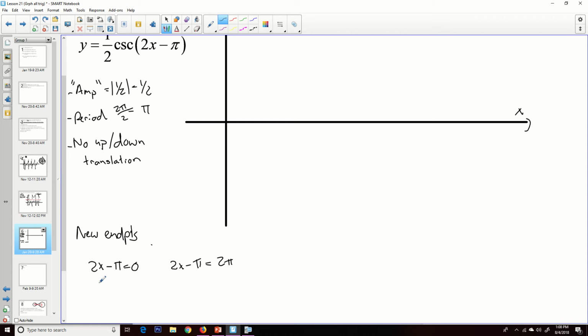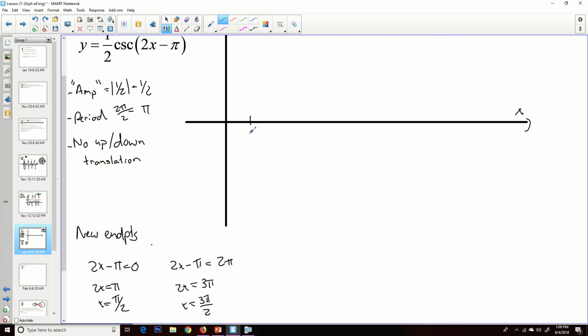And so I add pi to both sides, I get 2x equals pi, x equals pi over 2. I add pi, so 2x equals 3 pi, and so x equals 3 pi over 2. And if I take a difference between 3 pi over 2 minus pi over 2, I get 2 pi over 2, which is just a period of pi. So we're fairly good with that.